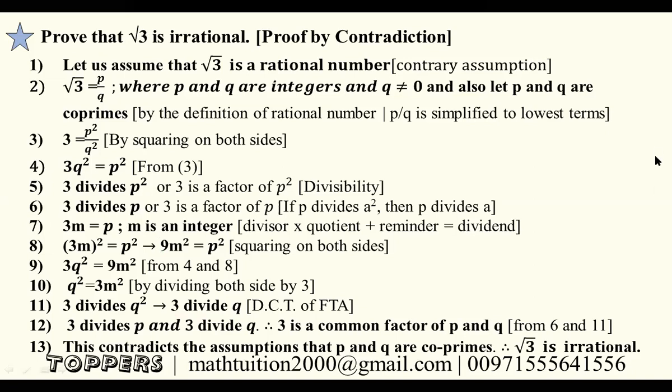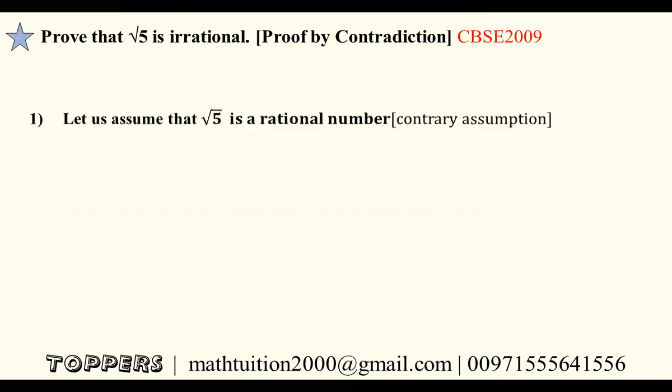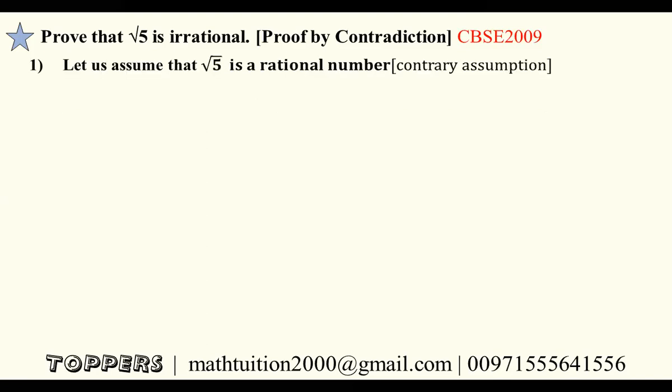Okay. Same way we will do one more problem. So we will be mastering. Prove that root 5 is irrational. Same contradiction method we are doing to prove this. First, what you have to do? We have to assume that root 5 is a rational number.